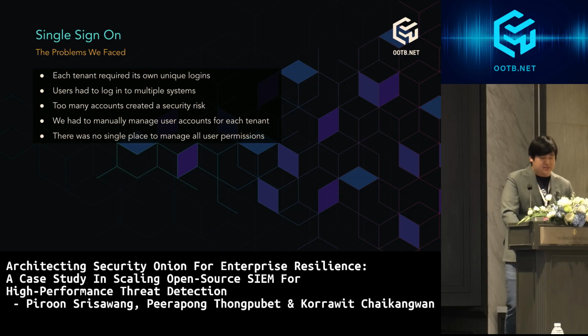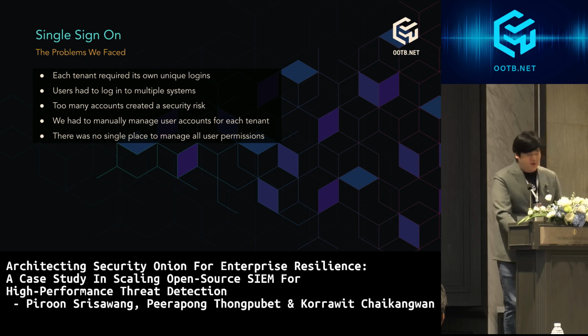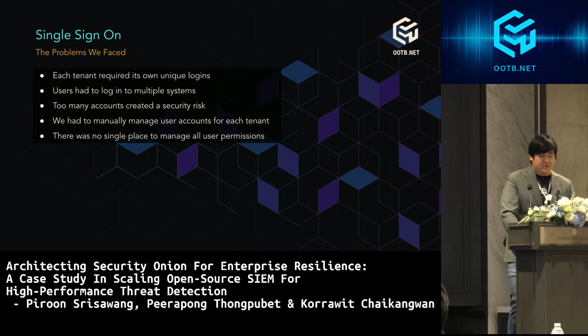Third is the sheer number of accounts creating a real security risk. People tend to reuse or forget passwords, and each new account adds to the attack surface. Fourth, administrators had to create, update, and remove user accounts manually in each system. This was repetitive, time-consuming, and prone to mistakes.